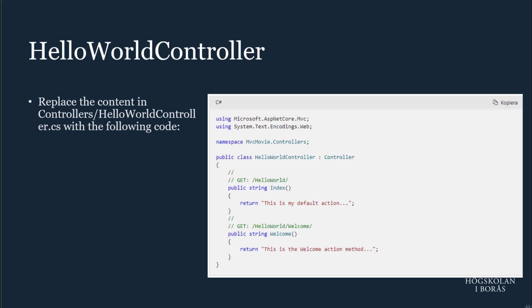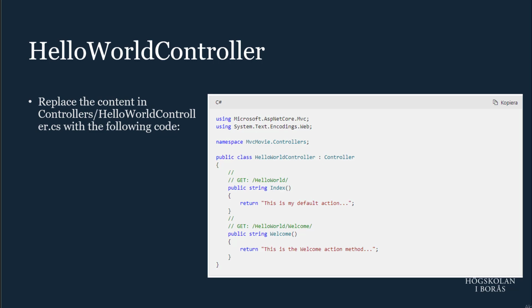The first action we have is Index, and this Index method is returning a string, which is simply returning just text at the moment. It states this is my default action when called upon the Index action.